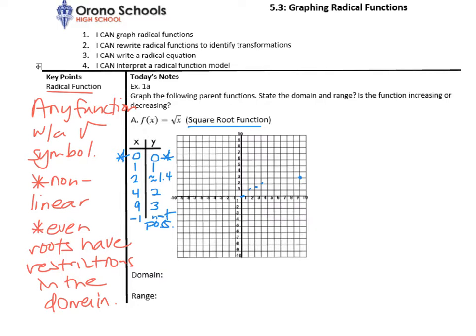So starting at 0, 0, we'll curve over through those points to the right, and as x increases, the values would also increase for the square root. That means our domain can be anything for x that is greater than or equal to 0. And if we plug in anything greater than or equal to 0 for x, our output would also be greater than or equal to 0.